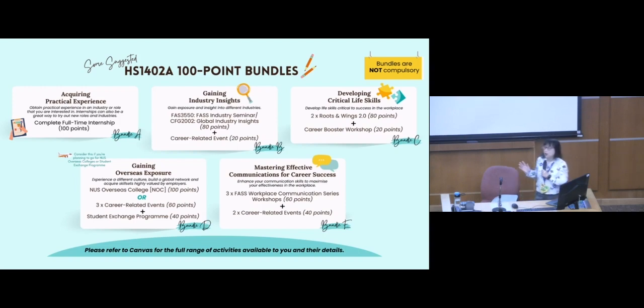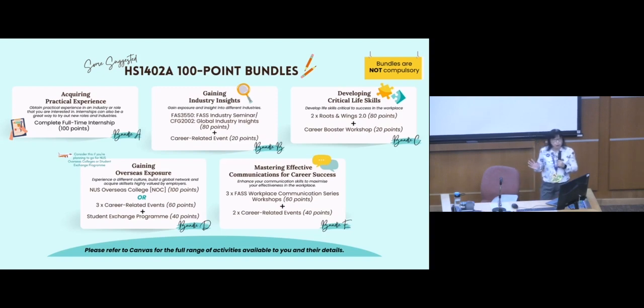Each bundle actually helps to focus on different aspects, depending on where you think you need to improve or what are some of the areas you need to strengthen, okay? So if you are not familiar, you're not sure, you can use this bundle as a reference to help you with the selection.